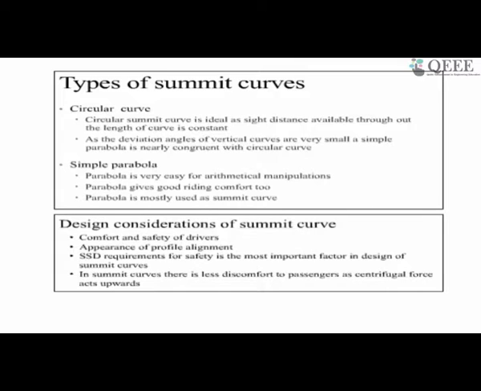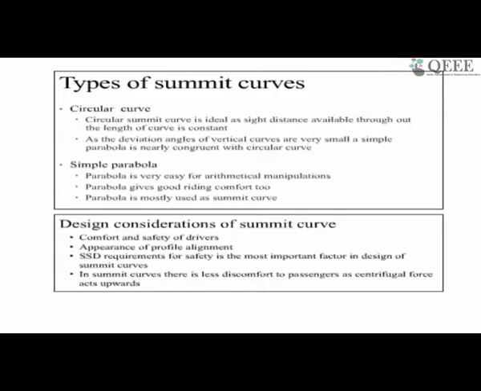So passengers and driver are going to feel lighter because the centrifugal force makes their weight lighter, quite comfortable compared to when you are going downhill and there is a curve like a valley curve, where the centrifugal force is also acting downward as well as the weight.